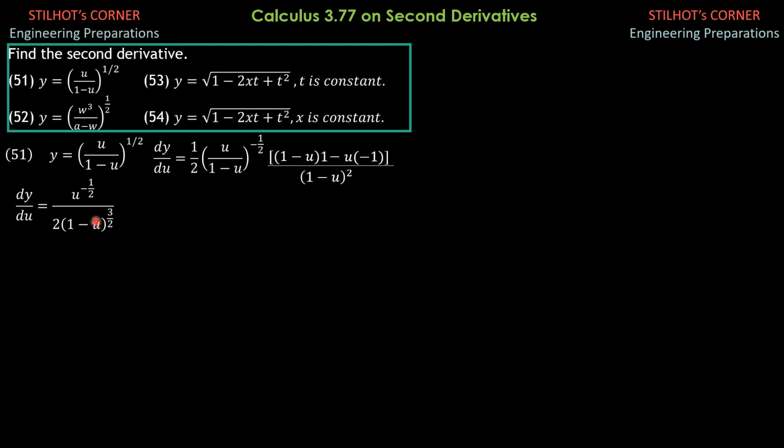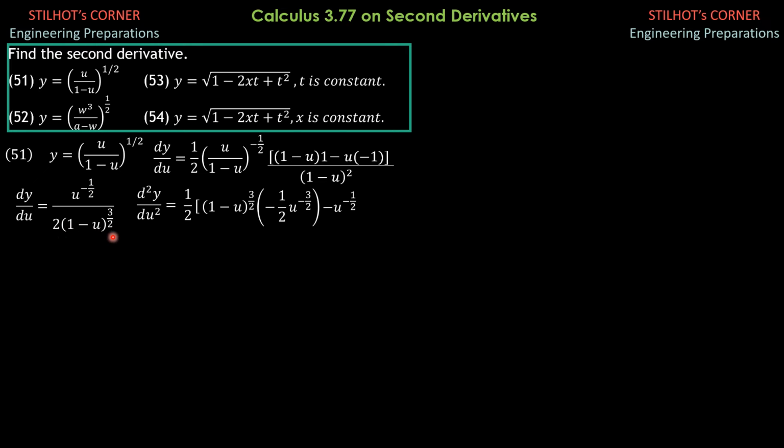We now proceed to the second derivative. This is again a ratio. So the second derivative of y with respect to u equals, let's factor out 1 half first. Then denominator 1 minus u to the 3 halves. Derivative of numerator is negative 1 half u to the negative 3 halves. Then minus numerator, minus u to the negative 1 half.